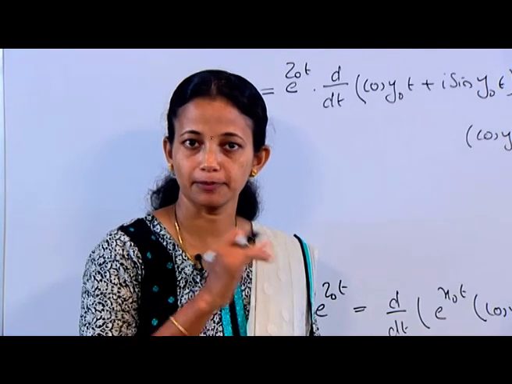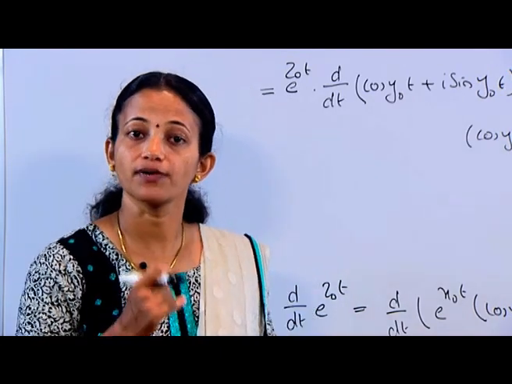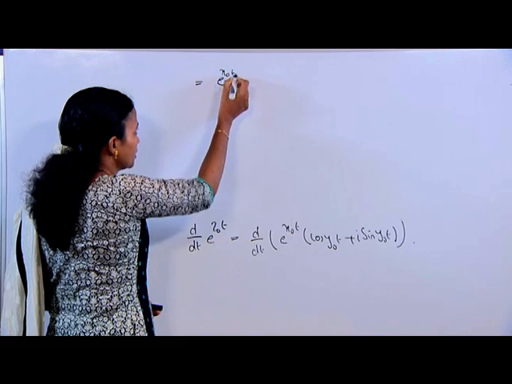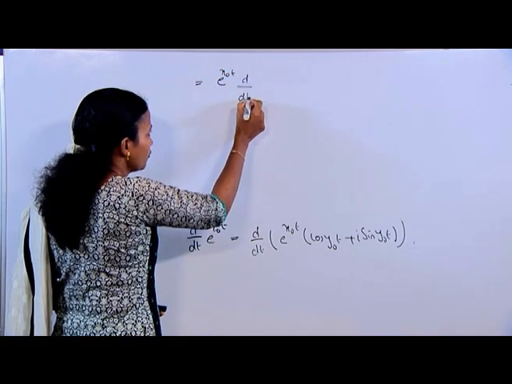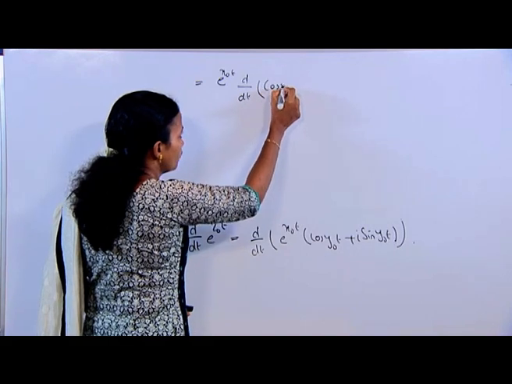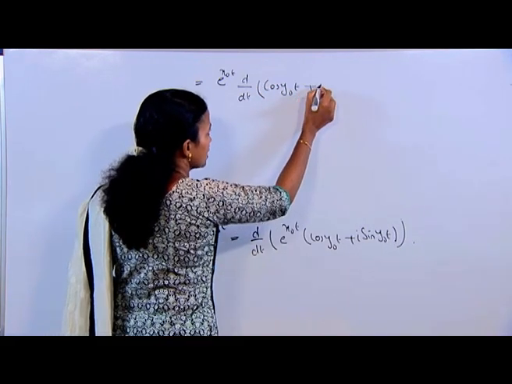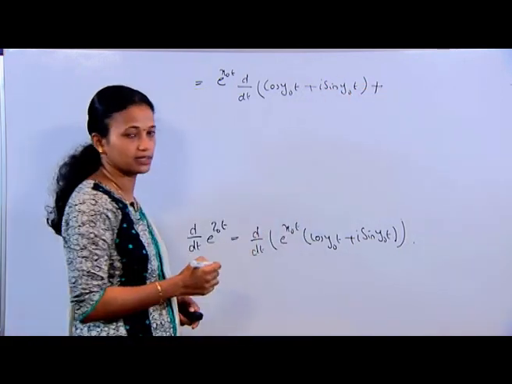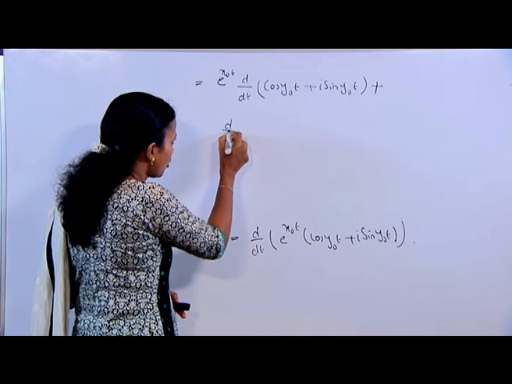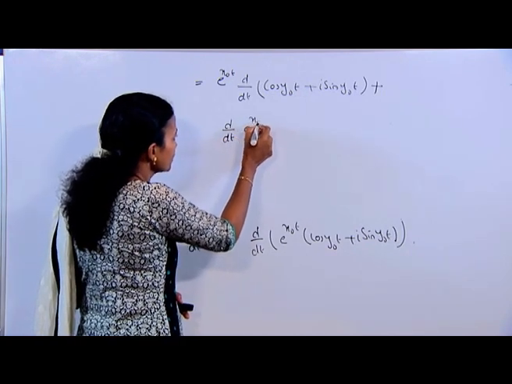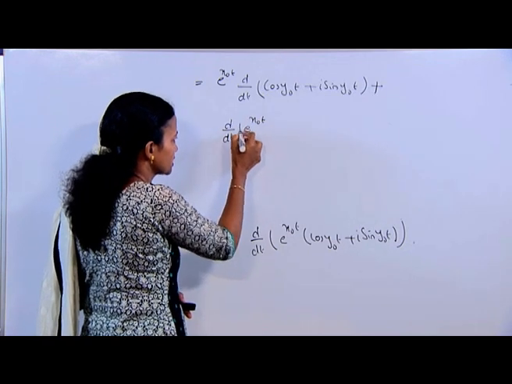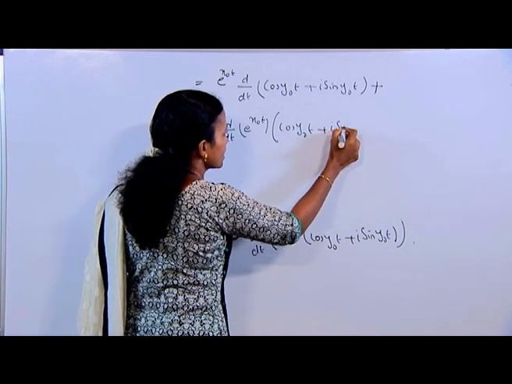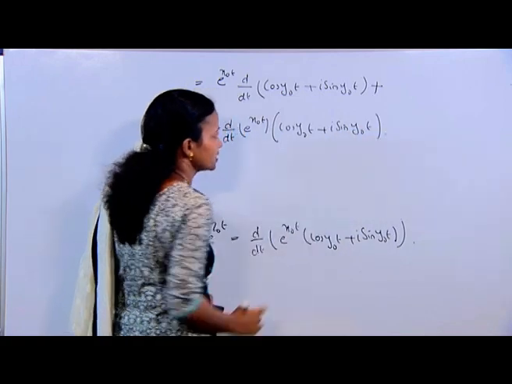Applying the product rule in theorem 2 of complex valued functions of a real variable, this is equal to e^(x0 t) d/dt of cos y0 t plus i sin y0 t, plus d/dt of e^(x0 t), that is, derivative of the first term, into cos y0 t plus i sin y0 t, that is our second term.